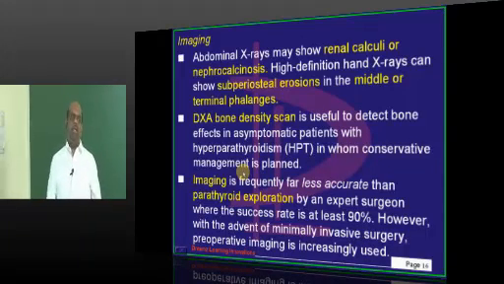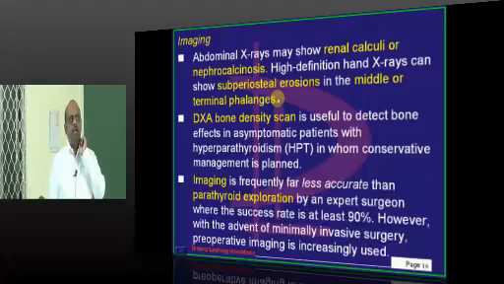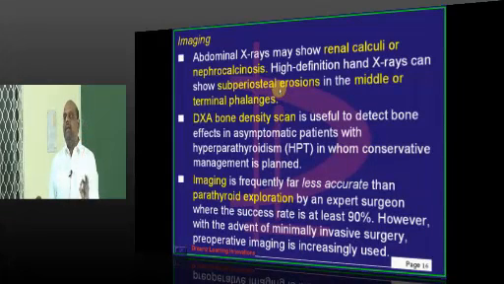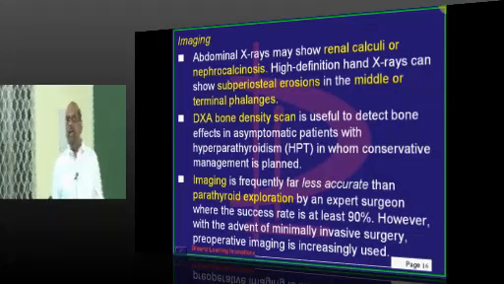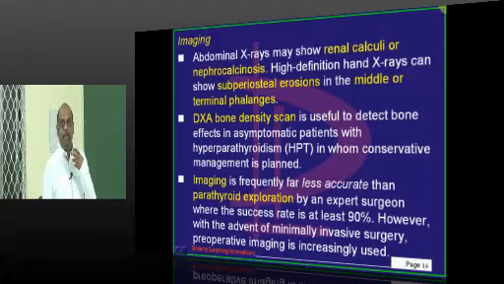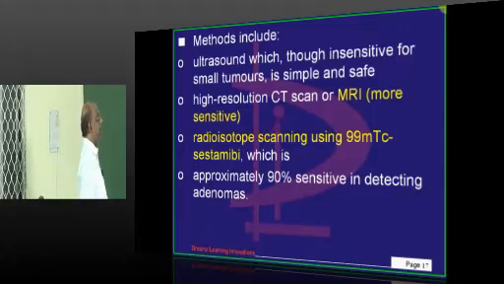Then we do the imaging, and remember that direct exploration of an adenoma is much better than the imaging techniques in order to identify it. Nowadays we have minimally invasive surgery, right, which can be used to resect the parathyroid glands much more easily laparoscopically.